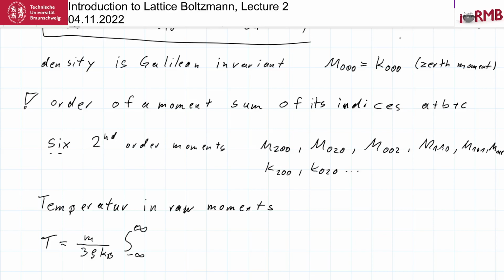Basically, we put some constants in front in order to get the right units. So this is the integral over f of xi minus u, and this squared, where the square of a vector is the scalar product of the vector with itself.